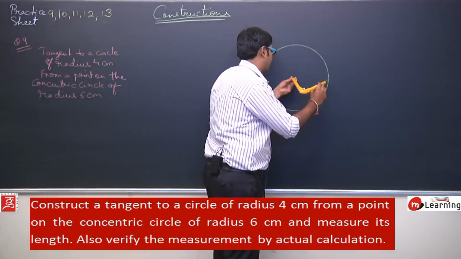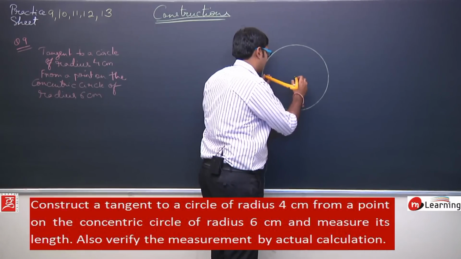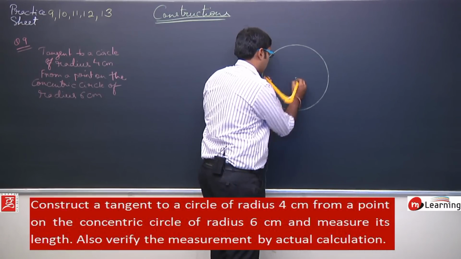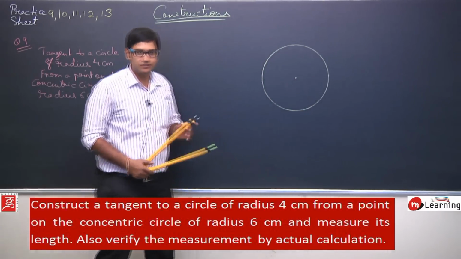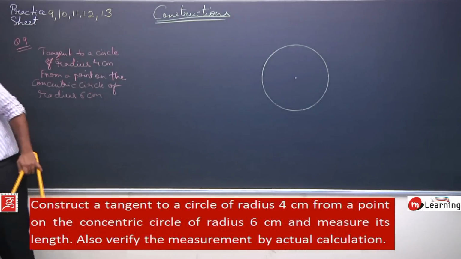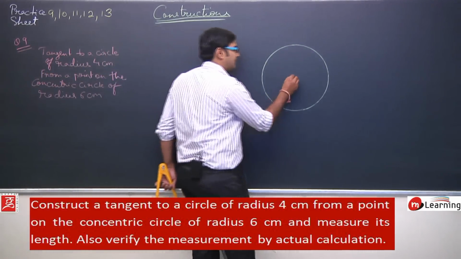Using this point as the center, this is a circle of radius 4 centimeters.